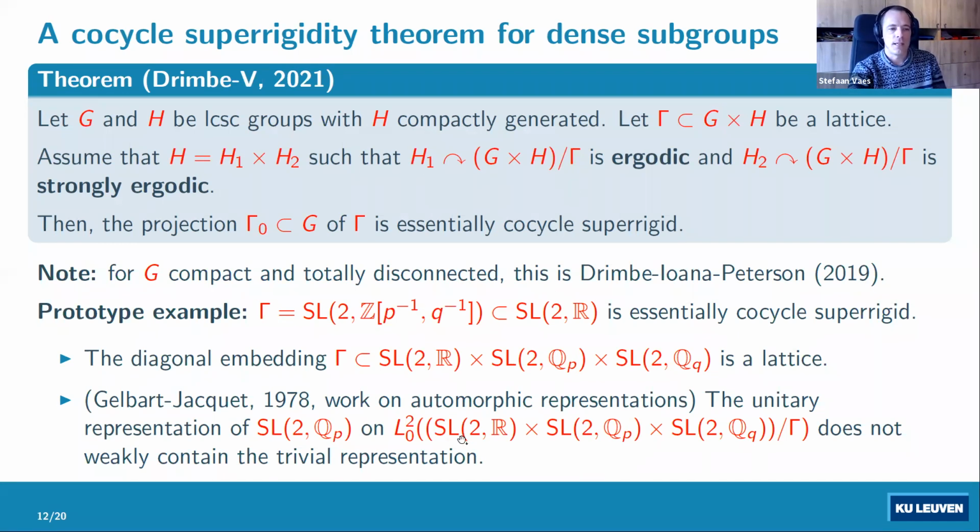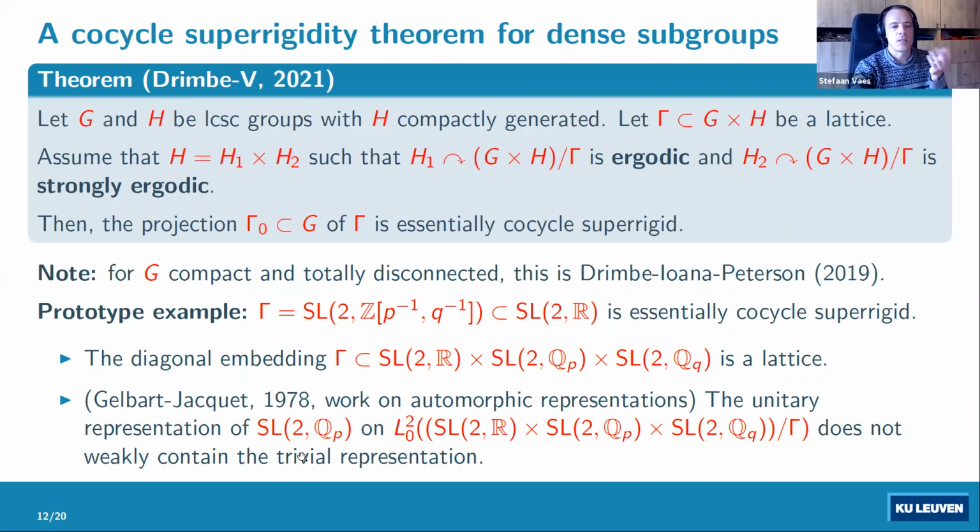So you take the homogeneous space, the quotient by gamma. This is a probability space. You take its L2 space, and you take the orthogonal complement of constant functions. And in order to get strong ergodicity, what you would like to have, and it's even stronger, is that this unitary representation of SL2(Q_p) and SL2(Q_q) does not weakly contain the trivial representation.